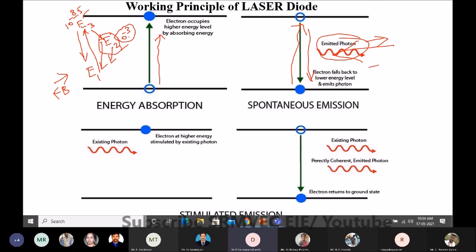More electrons are moving to E3 and getting into E2, and E2 has a longer time compared to the return time of E3. So it gets concentrated more and more compared to the normal situation, which we call population inversion. Why is it population inverted? Because of this different timing of return.